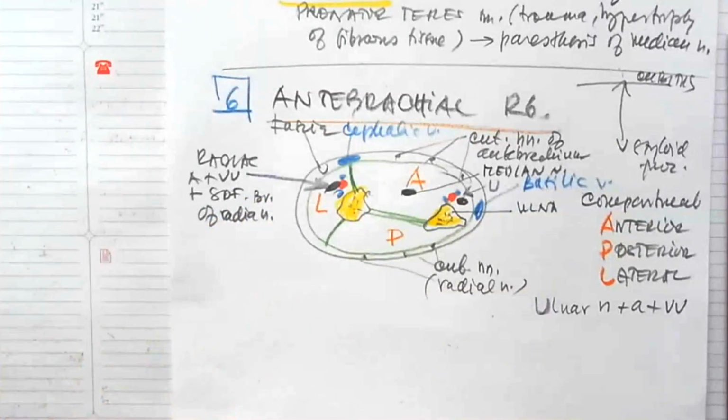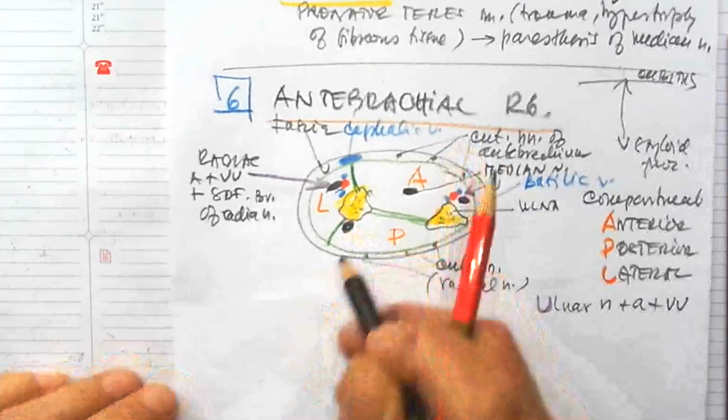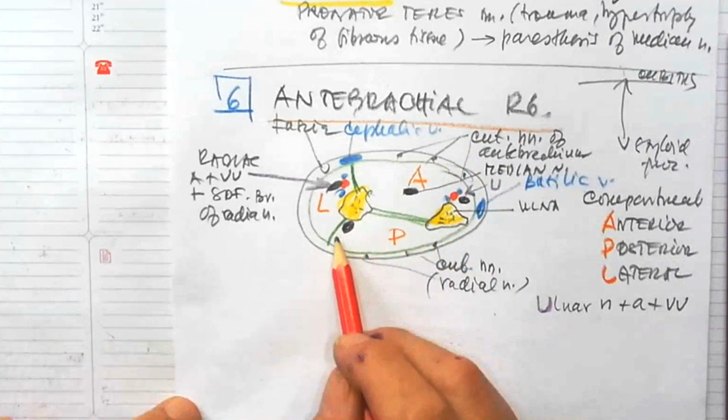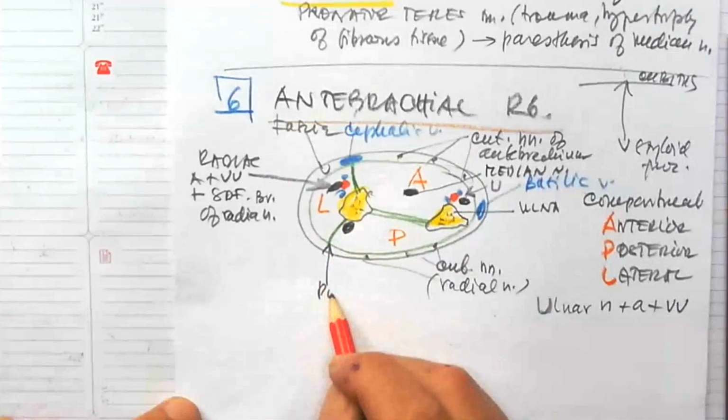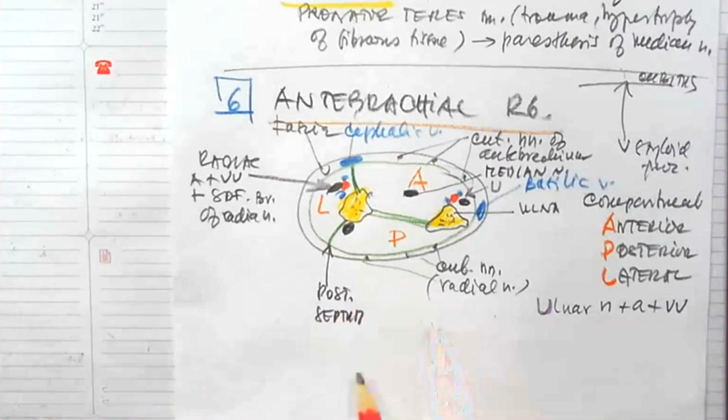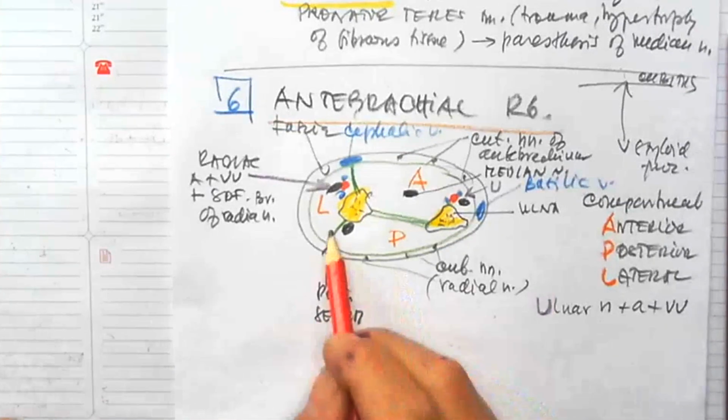Because we can ask, where is the deep branch? The deep branch is here, situated close to the posterior septum. We can add posterior septum. Of course, the full name is the posterior intermuscular septum, but this is sufficient.